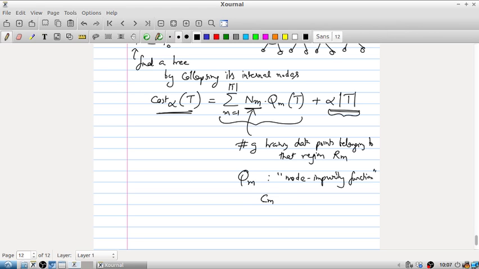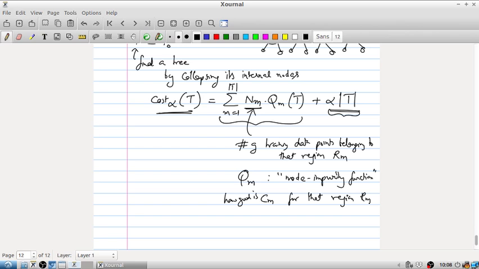In that region m, I had a number cm tagged onto it, right? So how good is cm? Let's call the region itself Rm. So qm is the node impurity function, and it's saying how good is that number that I tacked onto that region, for that region.